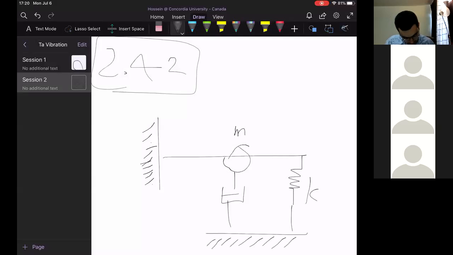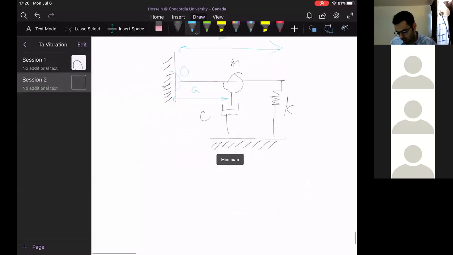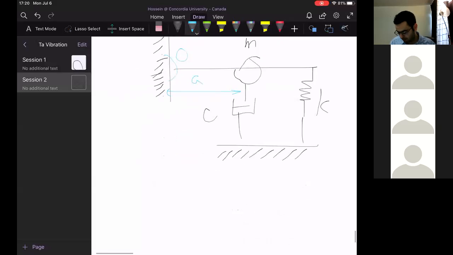So a spring with stiffness K, a damper with damping C, and mass M. This length is A, and this length is B. And this point, let's call it O. Write the differential equation of motion for the system plotted here and determine the natural frequency of damped oscillation.